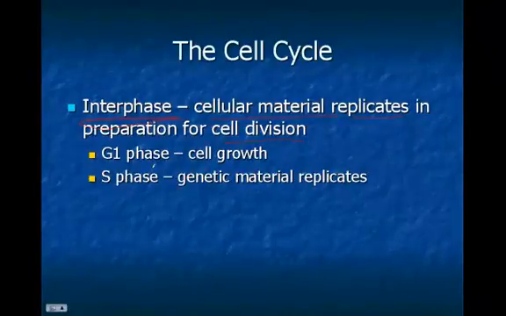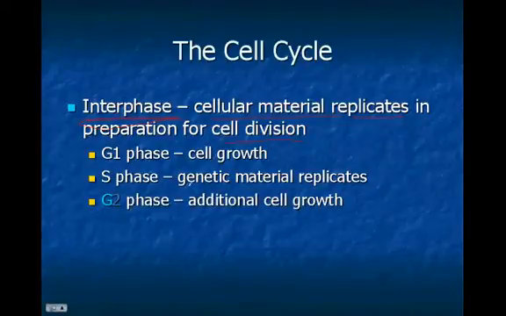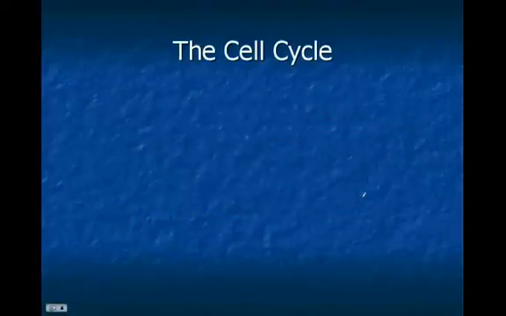So again, we have our G1 phase, which is our cell growth phase, our S phase, which is where we're making a copy of our DNA, and then our G2 phase is our second and last ditch effort to produce any enzymes, any proteins, any extra cytoplasm material that we need right before cell division.